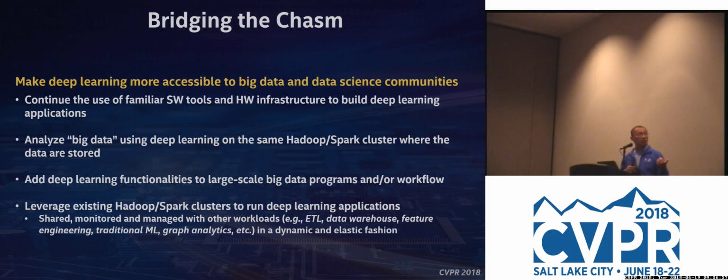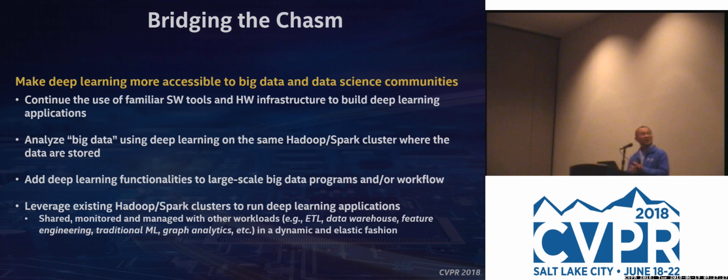For instance, you may be doing a lot of SQL queries in the daytime, and at nighttime your cluster is less busy, and you can run those machine learning, ETL, and including deep learning applications. So different types of workload can actually share the cluster in a dynamic and elastic fashion, and all those workloads can be monitored and managed by one resource management system.